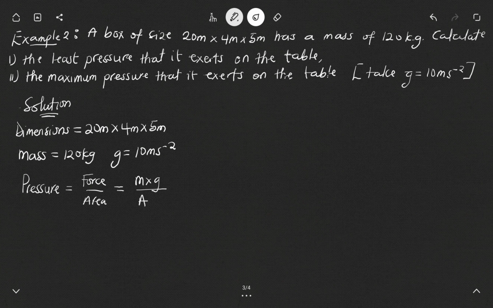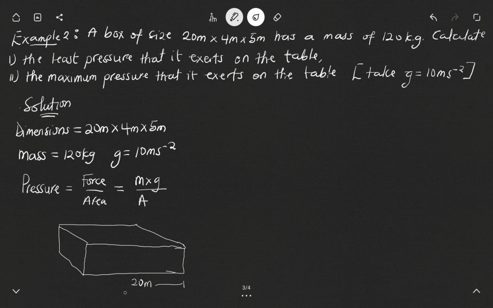Now let's try and have a visual representation of the box that we were given in the question. Let me draw something very quick. So let's say this is our box. This is going to be our 20 meters for the box, then here is our 4 meters, and here is our 5 meters.